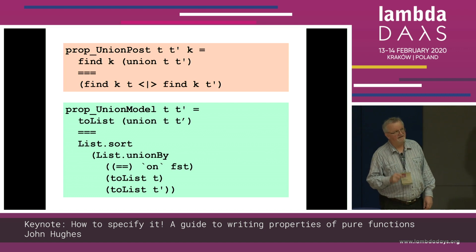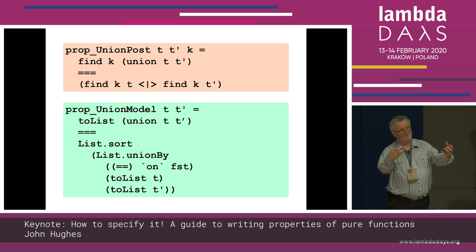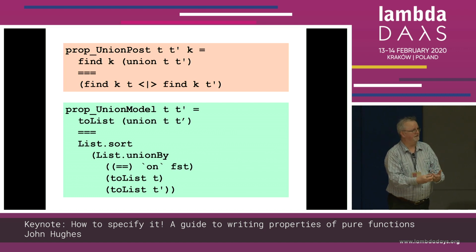This planted bug is in union. To find the bug, you have to construct 2 trees, T and T prime, that will provoke the bug. And then you have to observe that the bug really happened. The bottom property is only quantified over T and T prime. There's only 2 arguments. It's a model-based property.